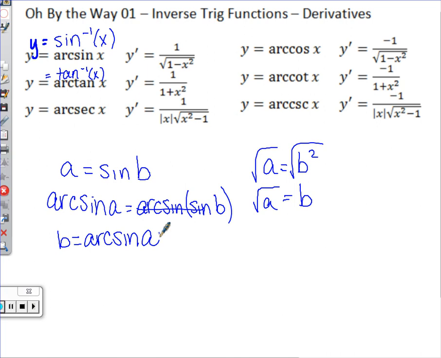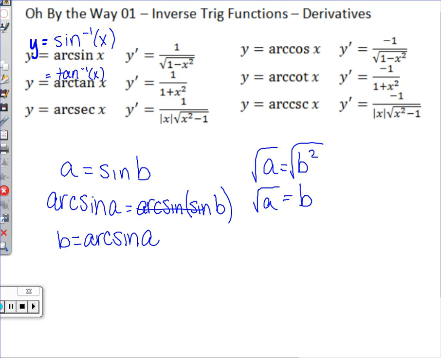So that's why we call them inverse trig functions, because they are the inverse functions. Okay? And so we think of them as being the opposite of whatever we used to do with trig functions, right?